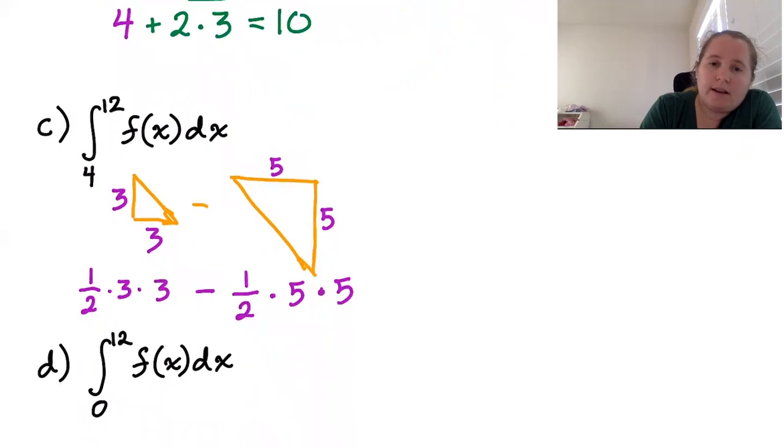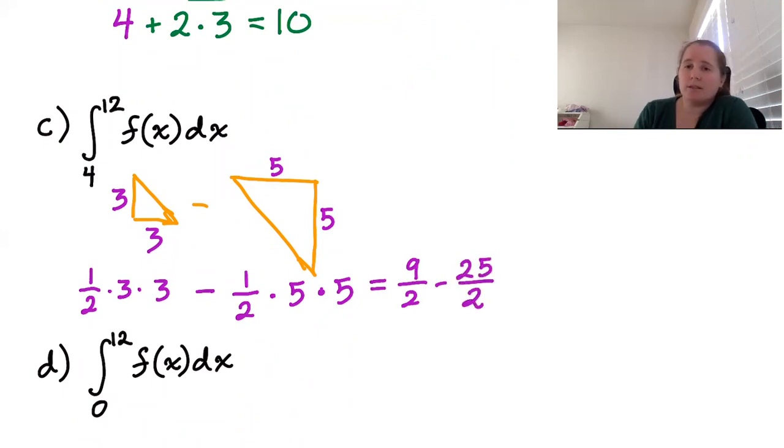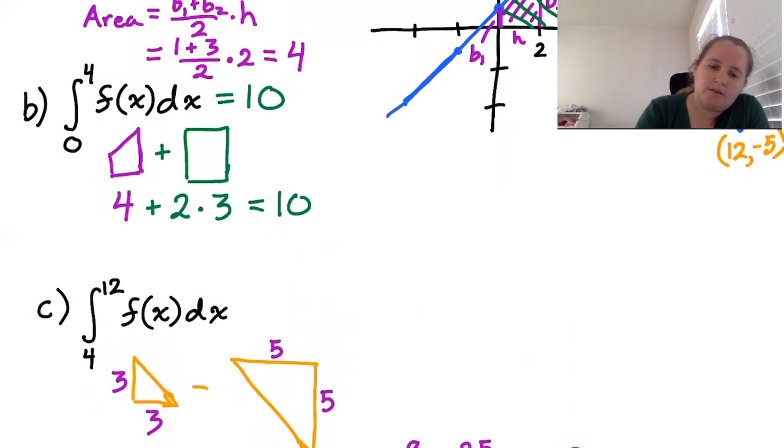So we are looking at 9/2 minus 25/2, or 4.5 minus 12.5, and we wind up getting -8.